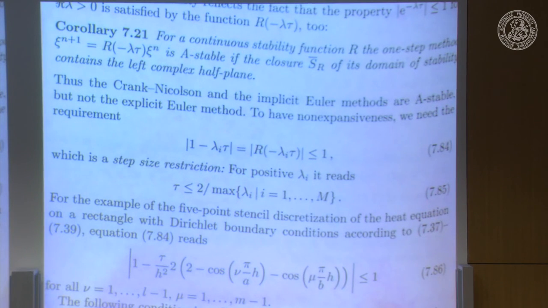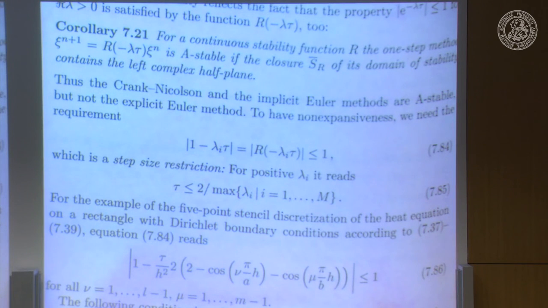So this is the case for theta equals 1/2 and theta equals 1. If you look more carefully, we would see this is the case for theta greater or equal to 1/2. So we could also do 0.6 or something like that if there's some reason to do so. At the moment, it doesn't look like that.